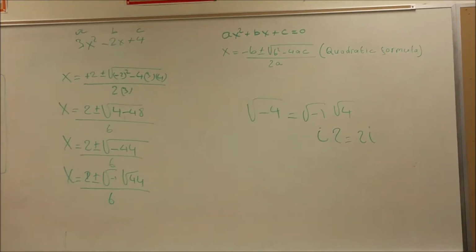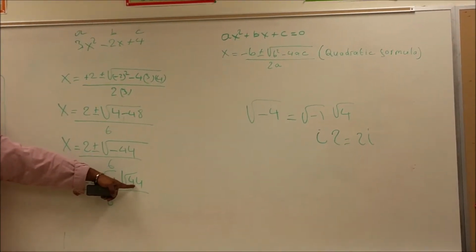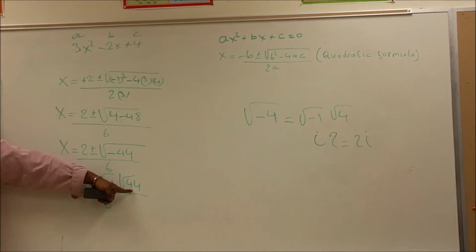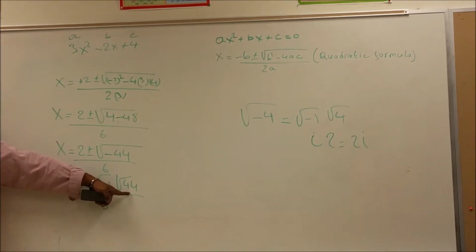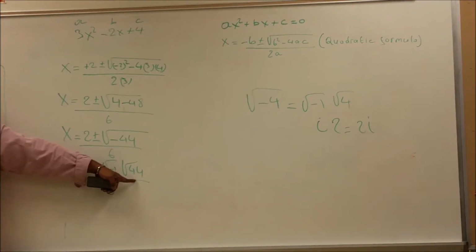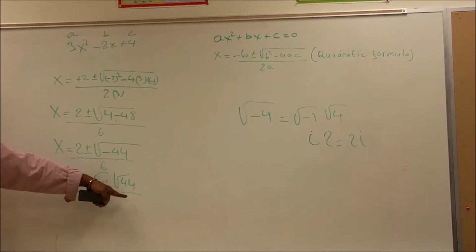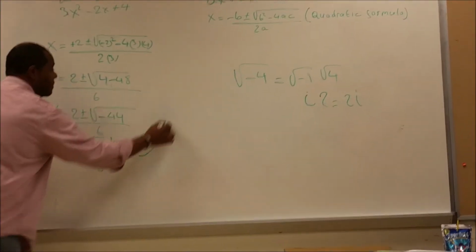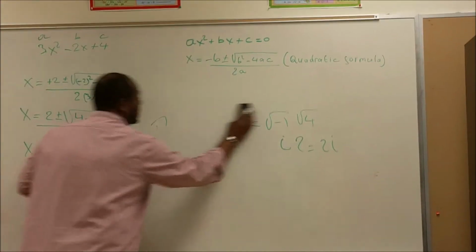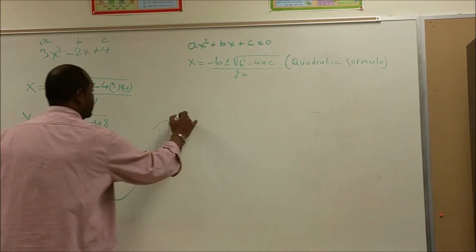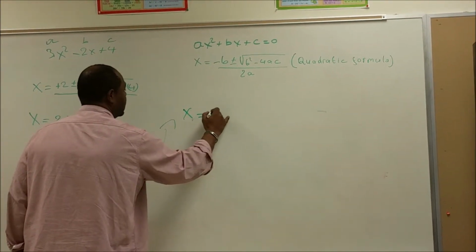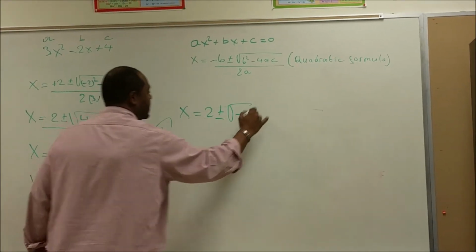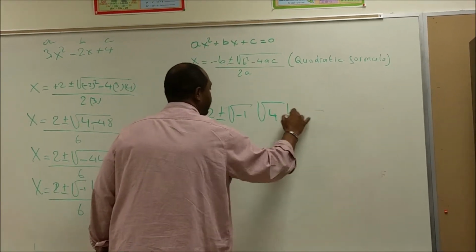6. Now, square root of 44, can I still simplify it? Can I still break it down? Yes. What would it be? 11 and 4. You got this? I can still break this down. Let me do this here. So this will be equal to x is equal to 2 plus or minus square root of negative 1 times square root of 4 times square root of 11.